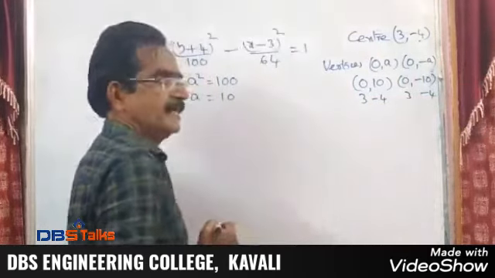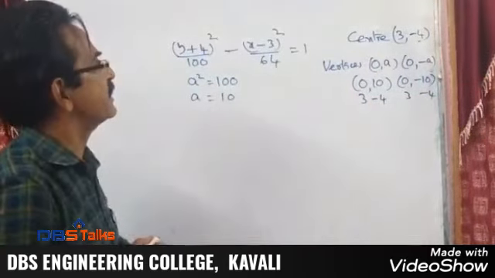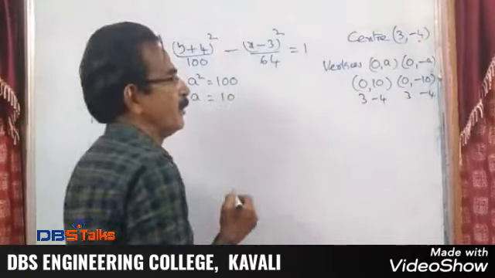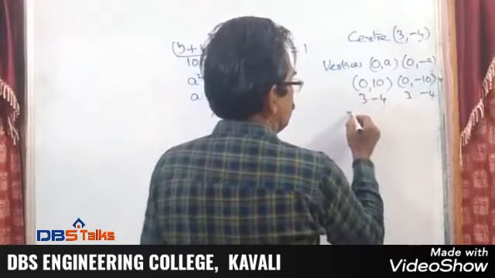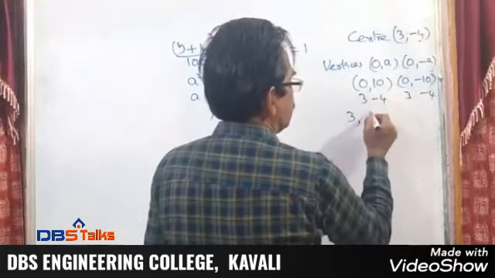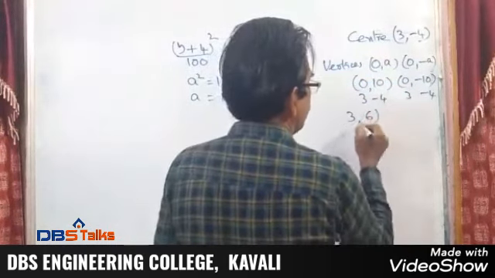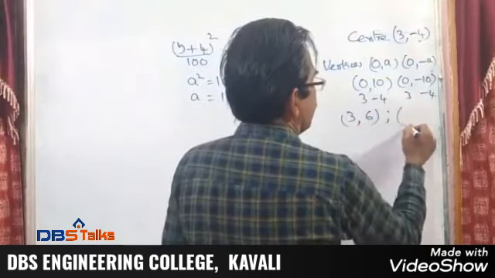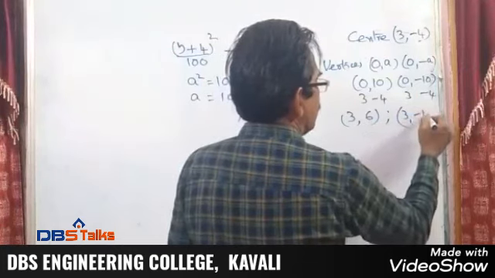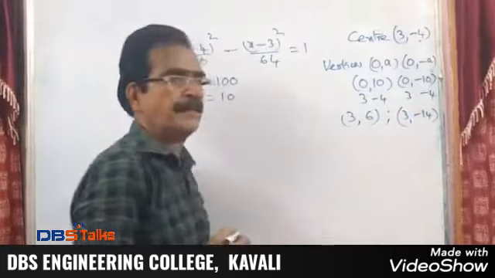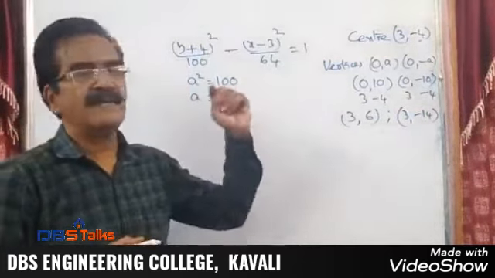So finally the vertices of the given hyperbola are 3 comma 10 minus 4, that is 3 comma 6, which is one vertex. And the other vertex is 3 comma minus 14.